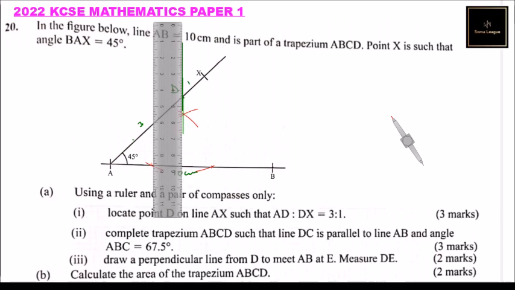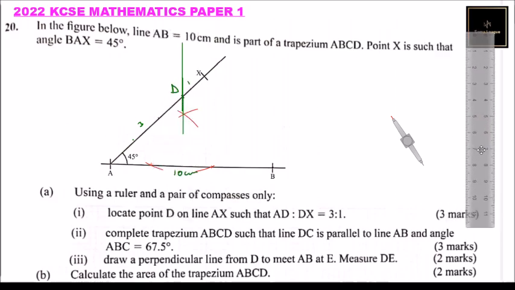That's the line we are going to use. Then we come with our compass here, and we can make it a bit smaller, and we will be able to draw our perpendicular line. It's a bit cumbersome, but we'll be able to do that.